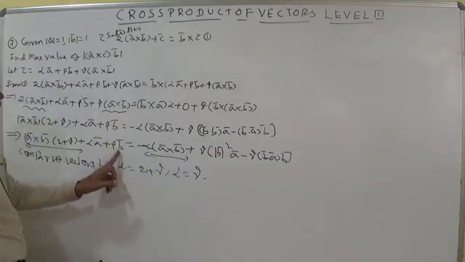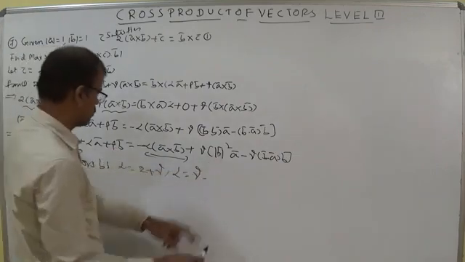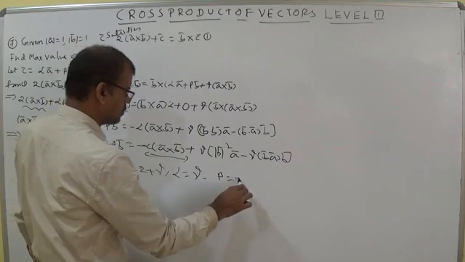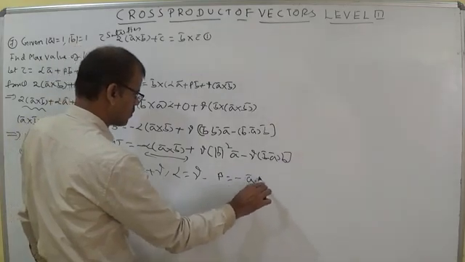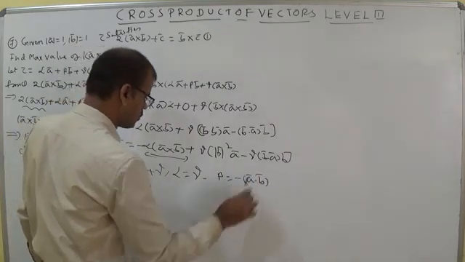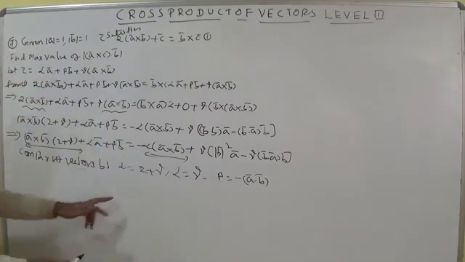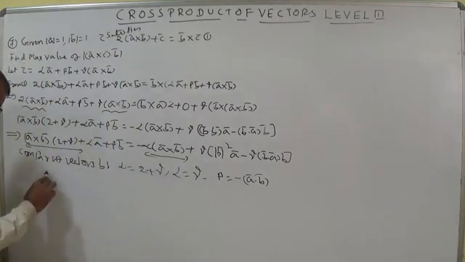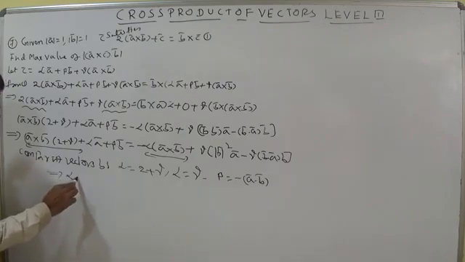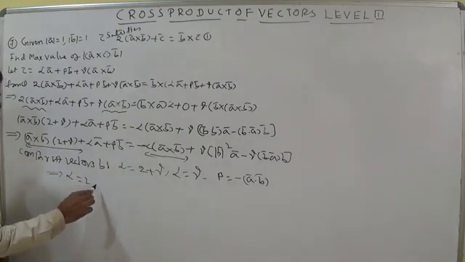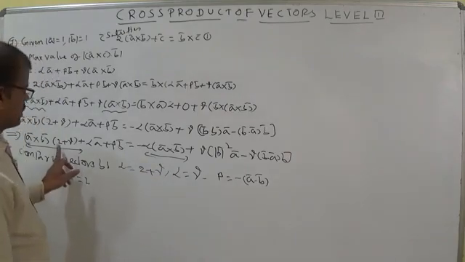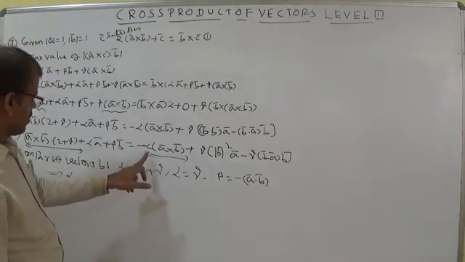Next beta B bar, compare the vector B bar both sides. It can be written as beta is equal to minus A bar dot B bar or B bar dot A bar, no problem. Leave it. Next, now you write the value alpha instead of gamma. That implies alpha is equal to 2 plus, maybe here minus is there, because minus alpha.